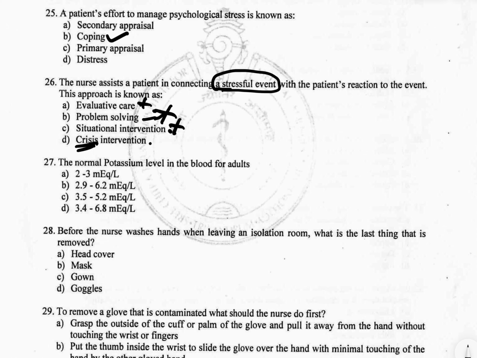A stressful event is actually a crisis for a patient. We are going to assess the patient's reaction. The reaction is the intervention, what the patient does in that stressful situation to cope with it. So the stressful event is a crisis and the reaction is the intervention.